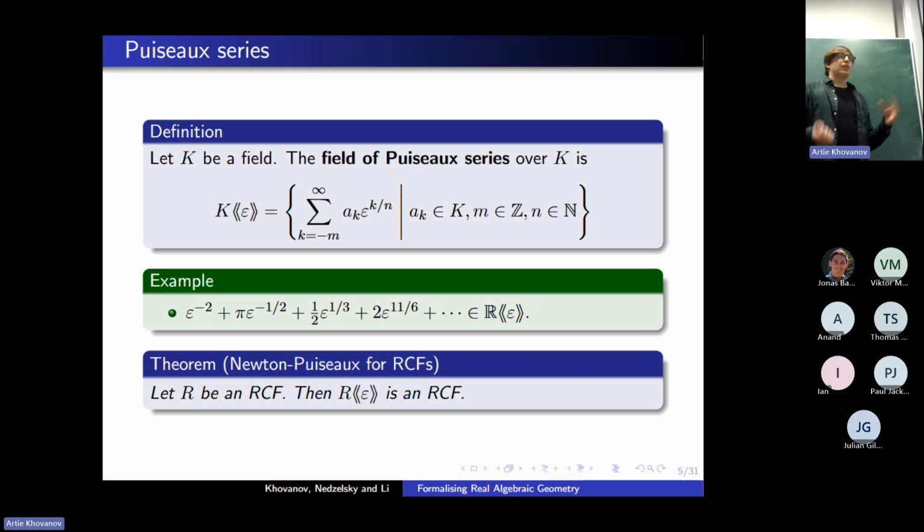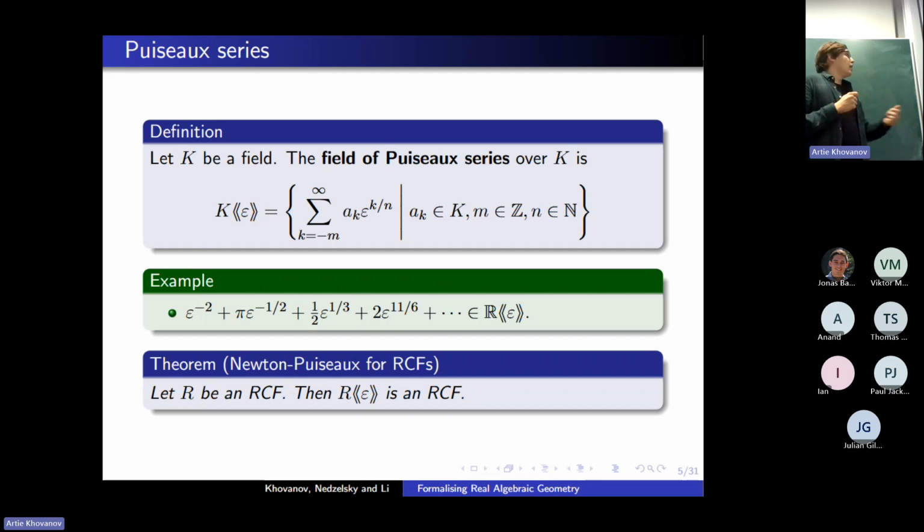And the reason that these are really important in real algebraic geometry is the Newton-Puiseux theorem for real closed fields, which says that if you take a real closed field and take the Puiseux series over it, then you get another real closed field.